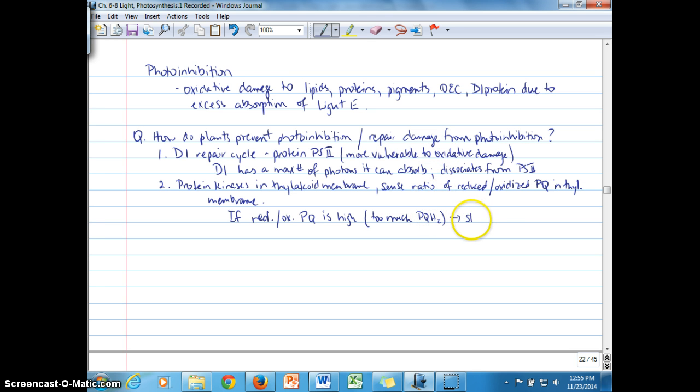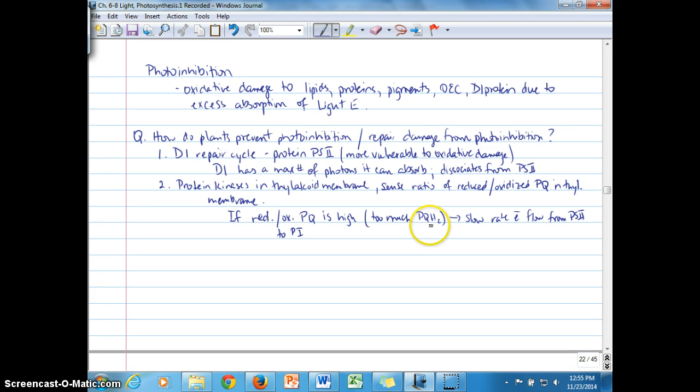then this is going to slow the rate of electron flow from PS2 to PS1. In other words, there's not enough of the oxidized form available to bind to the D1 protein and get ready to accept electrons coming through the reaction center of photosystem 2 from phosphates and from the quinone molecule.